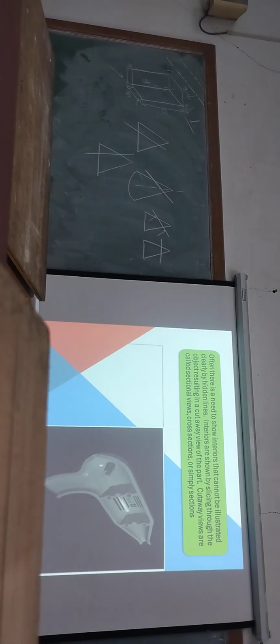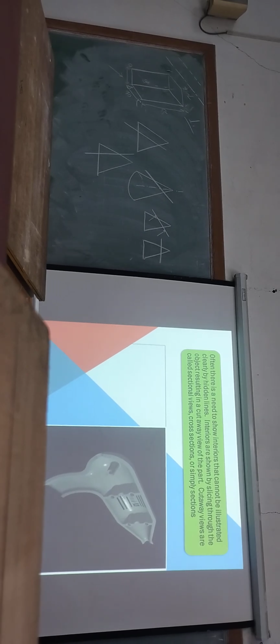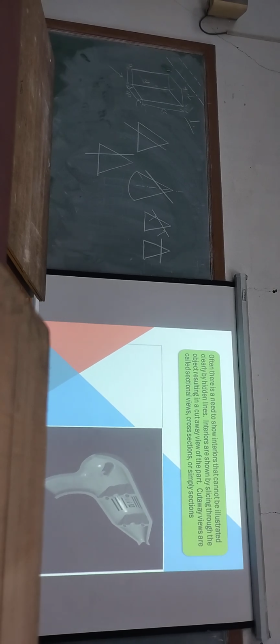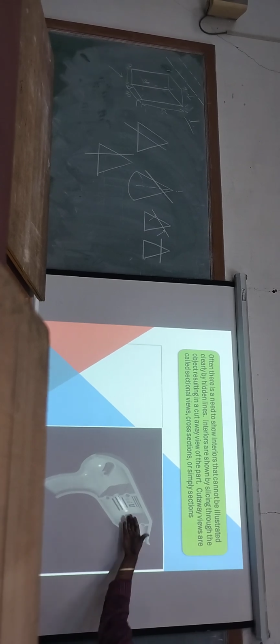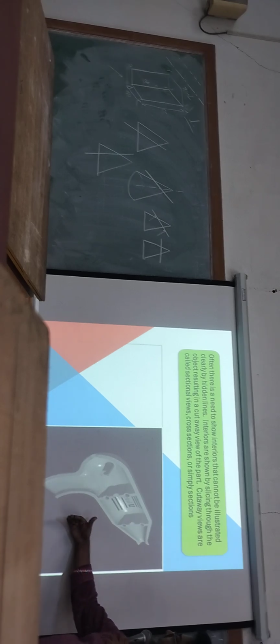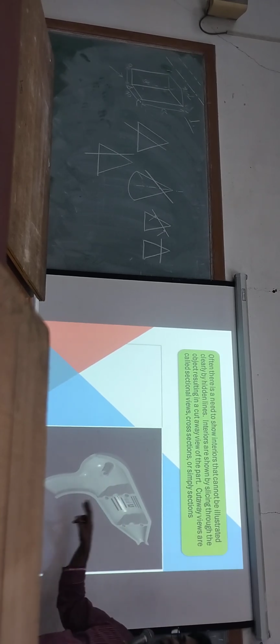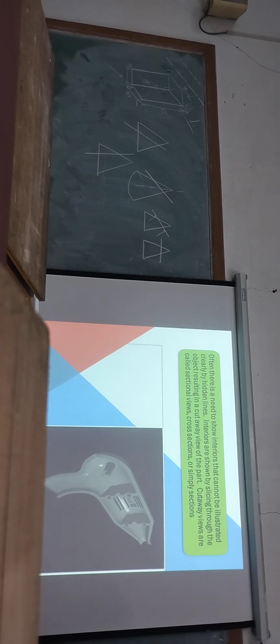Actually, why this cutting is important, the cutting plane is important: for any type of complicated parts or objects, the inner part is not visible. So to show the inner section, like you can see here, it is cutting through the middle, so that the inner portion, what things are there, you can easily identify.